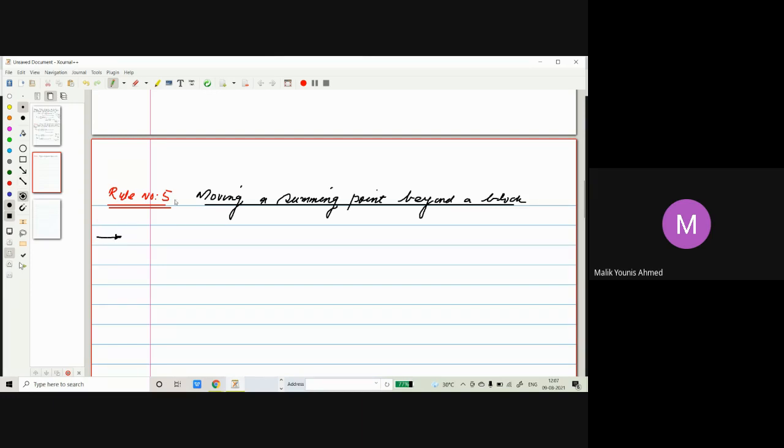Just to elaborate this point, shifting of a summing point. What is this rule saying?